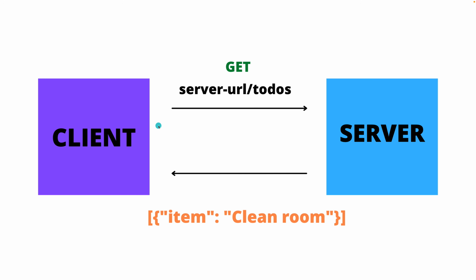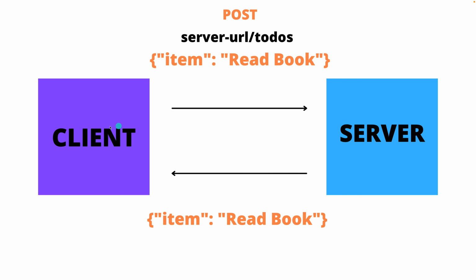So another example, let's say we want to add and create a to-do. Well, what we can do is we can hit this exact same URL, but we can change this to a POST request. This right here is the verb. Now what we want to do is we want to add a to-do. So the client needs to provide the server with information about the to-do itself.